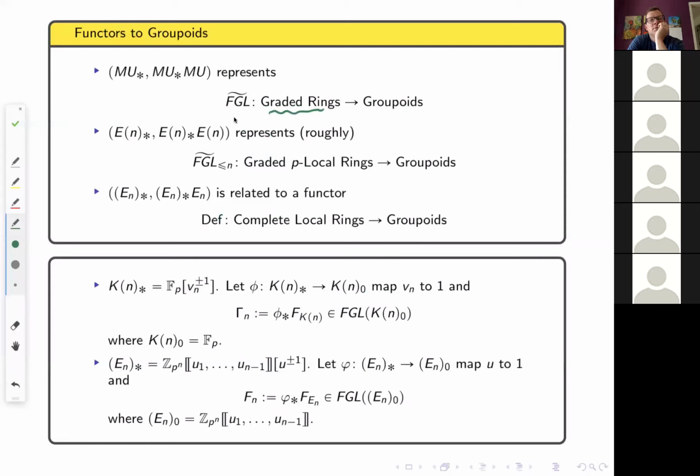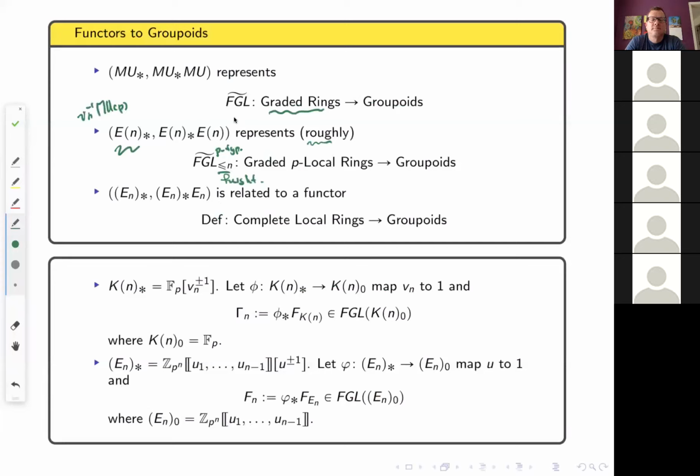Now, you can think about a similar story for E_n star, and what it's going to represent is a functor from graded p-local rings to groupoids, but the groupoid it's going to spit out is the formal group laws that have height less than or equal to n, together with their strict isomorphisms. I say roughly because this should really say p-typical, but I don't want to explain that. If you replace E_n by v_{n-1}^{-1} MUP, then you get exactly what I would.